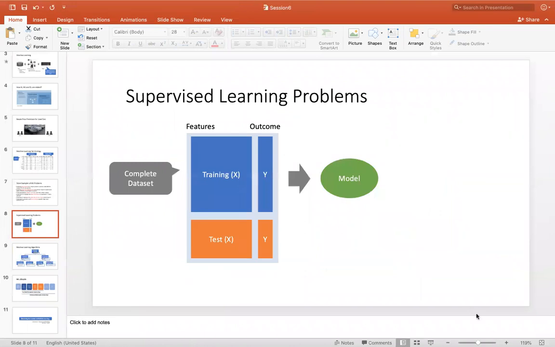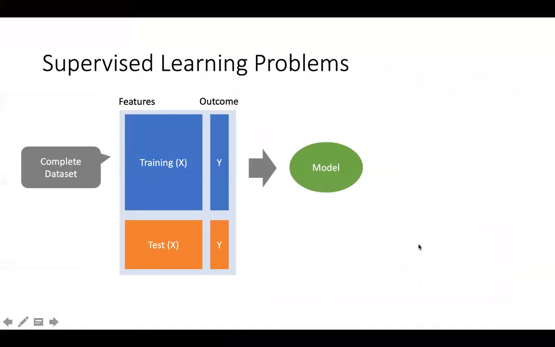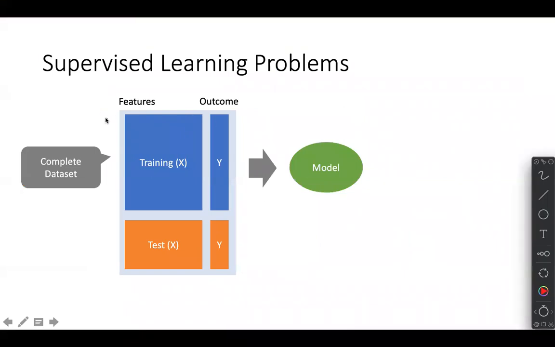Typically, in a supervised learning algorithm, once we collect the data and explore, this is like a full data set, and we normally randomly split the data into two different sets. One we call the training set, and the other we call the test set.